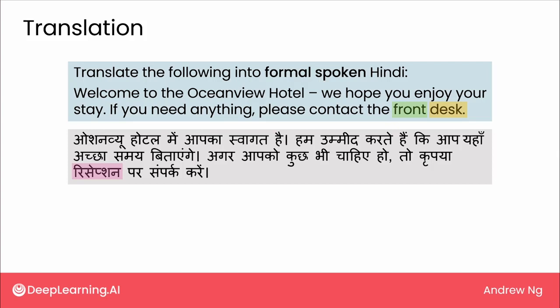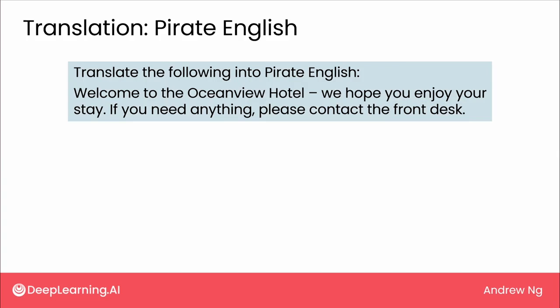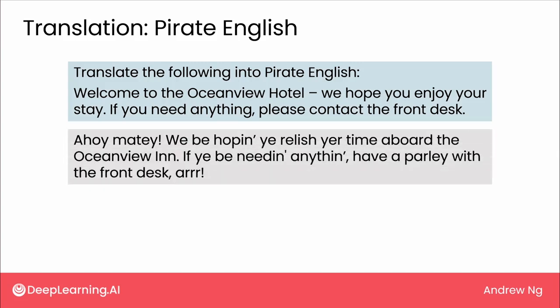So what I'm seeing multiple teams in the AI community do is translate text into pirate English for testing purposes. And so if you were to prompt a large language model to translate this into pirate English, you get, "Ahoy, matey, we be hoping you relish your time aboard the Ocean View Inn." That sounds like pretty good pirate English to me.